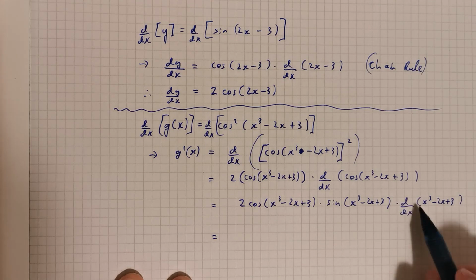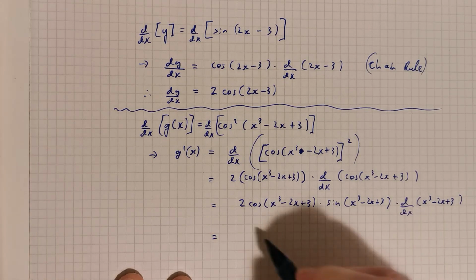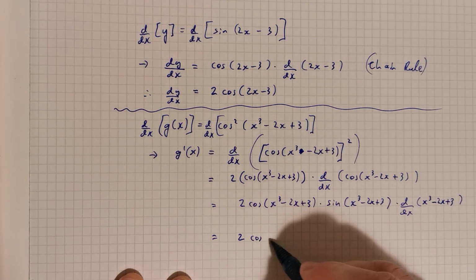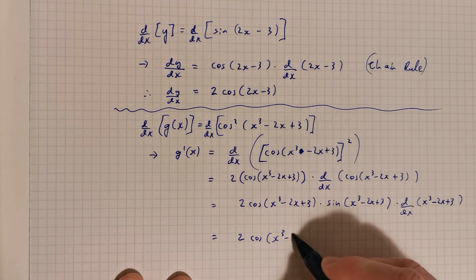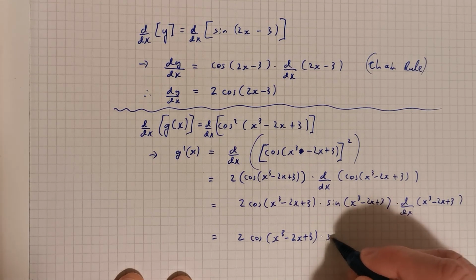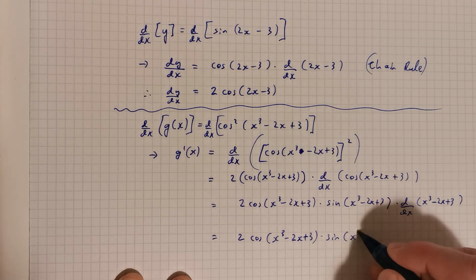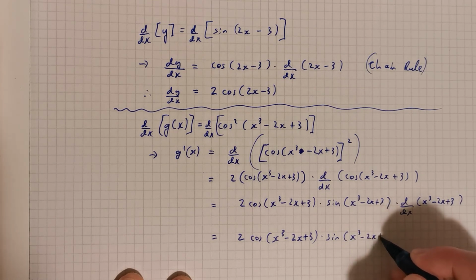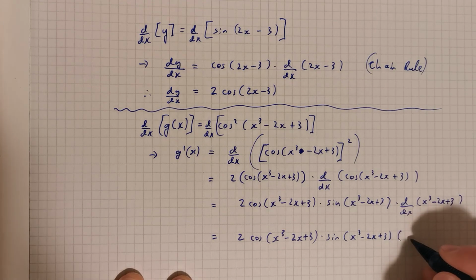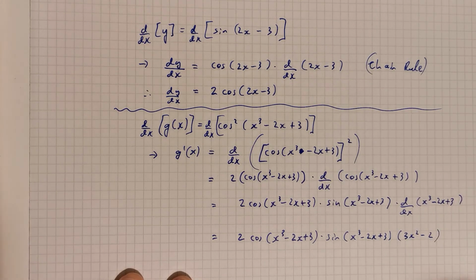So now we're taking the derivative here of this thing. The derivative of this thing will be 3x squared. So we're going to get all this same stuff at the start. 2 cosine of x cubed minus 2x plus 3 multiplied by sine of x cubed minus 2x plus 3 all times the derivative of x cubed minus 2x plus 3, which would be 3x squared minus 2.